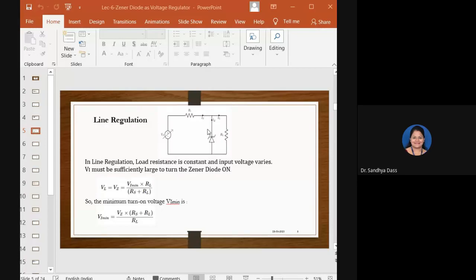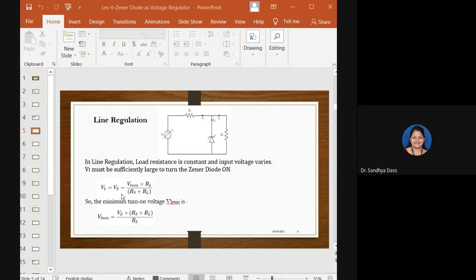Considering the condition when the Zener diode is turned off, you have the series resistance RS and RL, where Vi is the voltage source connected across the series connection of RS and RL. According to the voltage divider rule, the voltage at this point is the voltage source into RL divided by the total resistance. So that is what is given here.